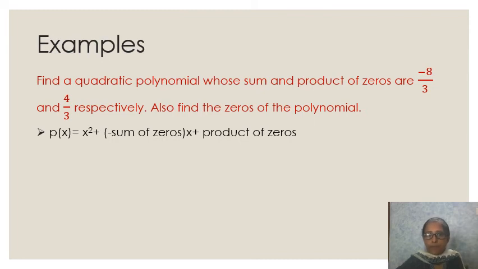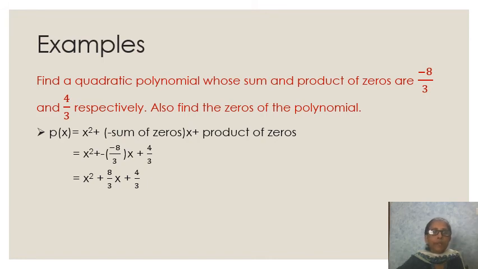First write the formula. P of x is equal to x square plus minus sum of zeros into x plus product of zeros. Okay? And now just substitute in this. X square you put as it is, and plus, after plus you have minus sum of zeros. So minus of sum of zeros is given to be minus 8 by 3 in the equation. So put minus 8 by 3 into x. Don't forget to put that into x with the sum plus the product which is 4 by 3. Okay, now see, minus of minus will become plus.